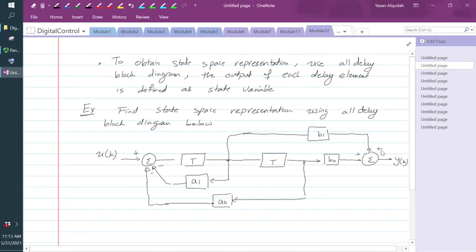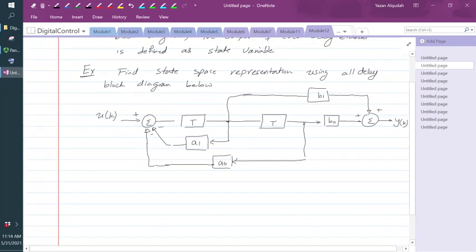Okay, so how do we generate the state space representation from this block diagram? We said we're going to come to each output of the delay element, and we're going to define it as a state. So therefore I'm going to have x1 of k here. I have another delay element. This is going to be x2 of k.